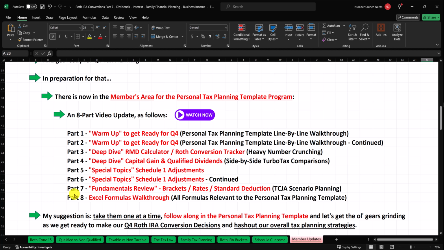Then in part 7, we're going to do a fundamentals review, brackets, rates, and standard deduction, and how it all fits together for your Tax Cuts and Jobs Act scenario planning. And then finally in part 8, we're going to do an Excel formulas walkthrough, and all of the formulas that we use inside of the personal tax planning template will be covered.